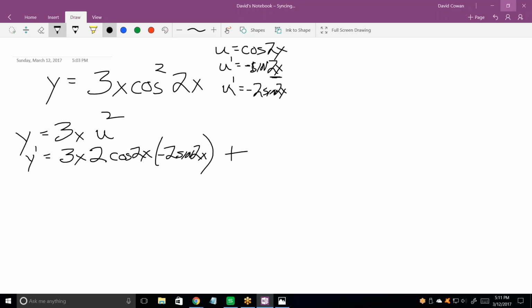In other words, we did the 3x times the derivative of u squared. Well, the derivative of u squared was the hard one. Now the second part is pretty easy. What is it? 3 times the cosine squared of 2x.